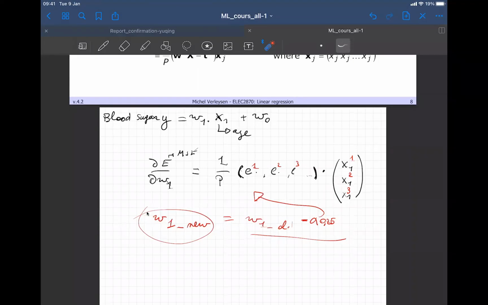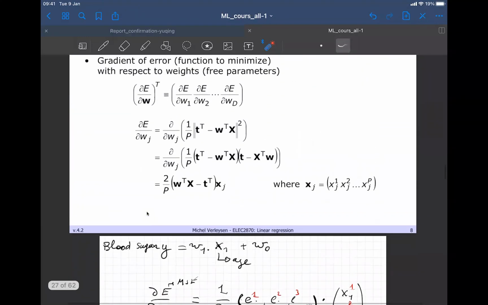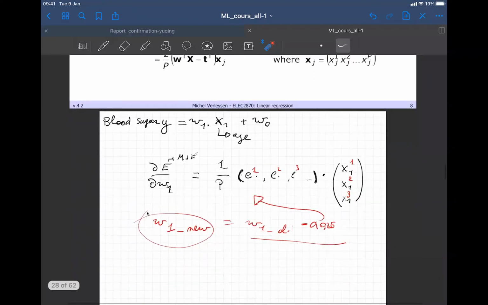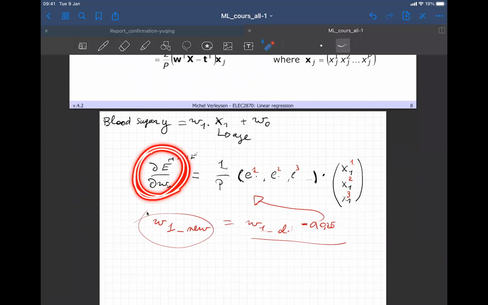So is that 0.25? Oh, it's a 0.25. I mean, it was just an example. This thing at the end, the gradient of the MSE with respect to W1, is just a number.